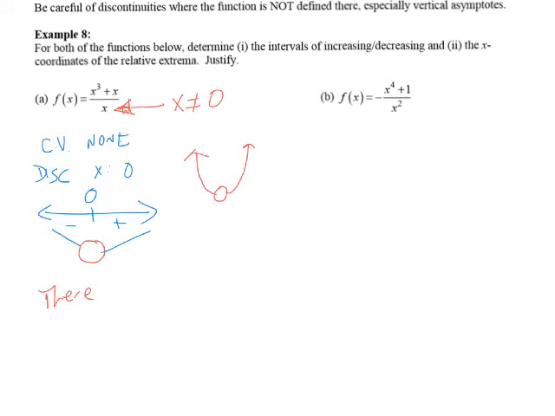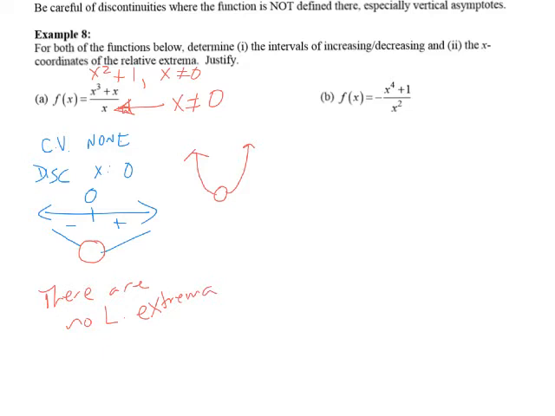Actually, this function reduces to x squared plus 1 where x is not 0. Anyways, we draw the conclusion there are no local extrema. So we can't identify them at all.